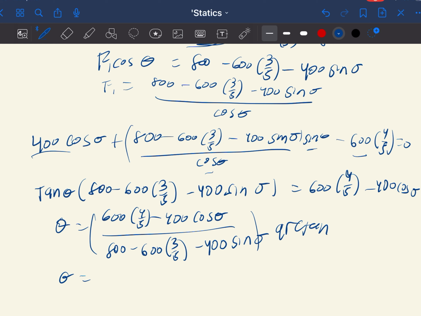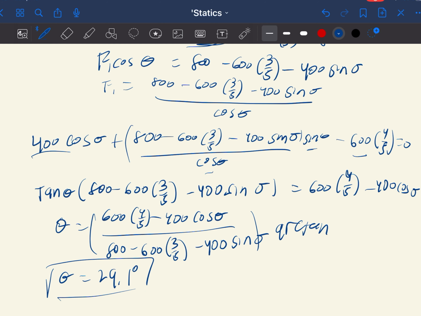Then 800 minus 600 times 3 divided by 5, which is 360, minus 400 times sine of 30, which is 200. It's 240. And we're going to take the arctangent of that value, and we get an angle of 29.1 degrees. So that is our angle.